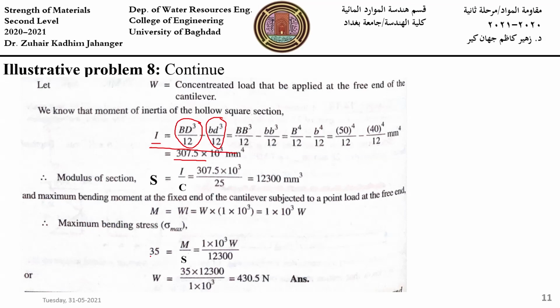So 35 megapascal equals moment over S. The moment is 1000 W over S, which is 12,300. Then the only missing is W, which equals 430.5 Newton, the final answer.